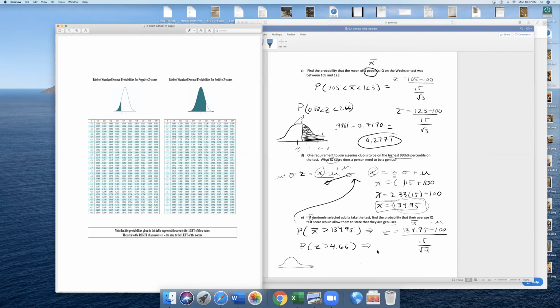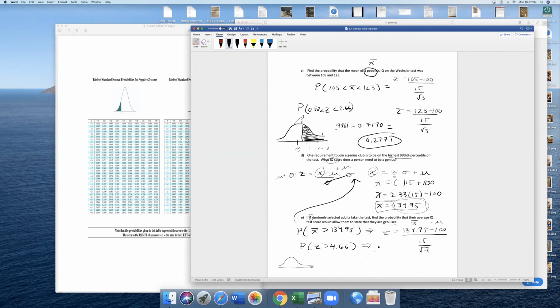Anything that's greater than 3.5 is going to have an indicated probability of 0.9999. But remember that 0.9999 gives us the area to the left, and to find the area to the right, we subtract it from 1. So this is equal to 0.0001.